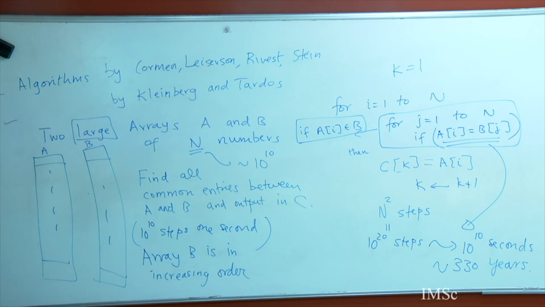Items not in B but in A. How do you check that? How do you find that? In log n. I want to know how first. What will you do? What is your algorithm?